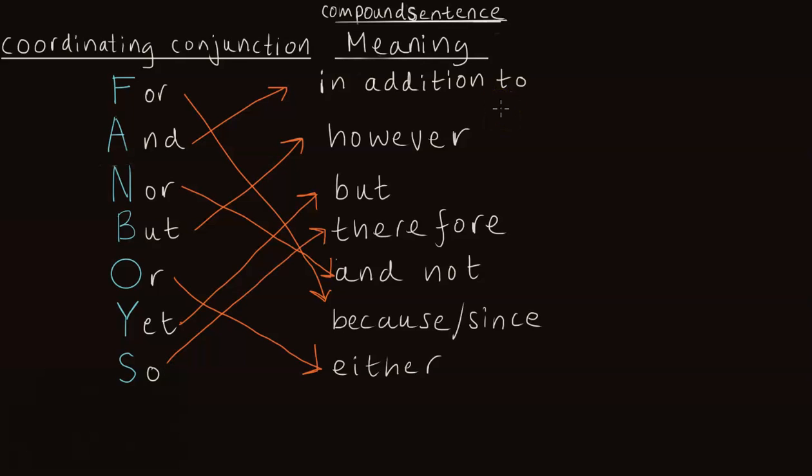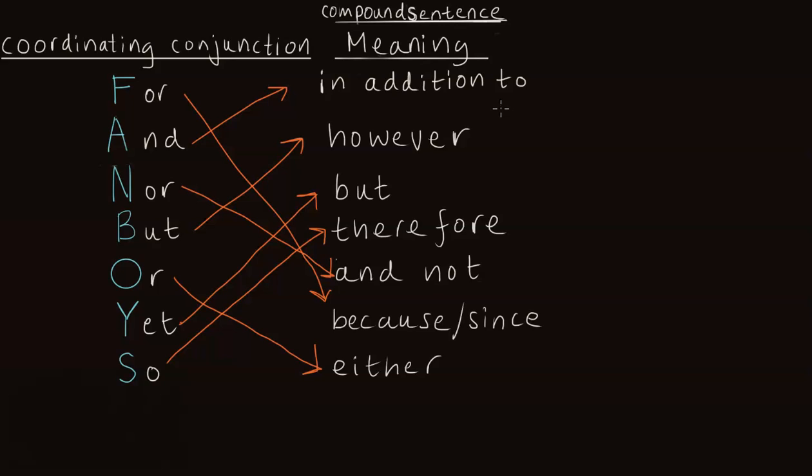Okay, so now that you understand the meaning of each coordinating conjunction, now you're going to understand how each one functions in a compound sentence. It's important to understand the function of each coordinating conjunction because it helps you understand the relationship between the two independent clauses in a compound sentence.